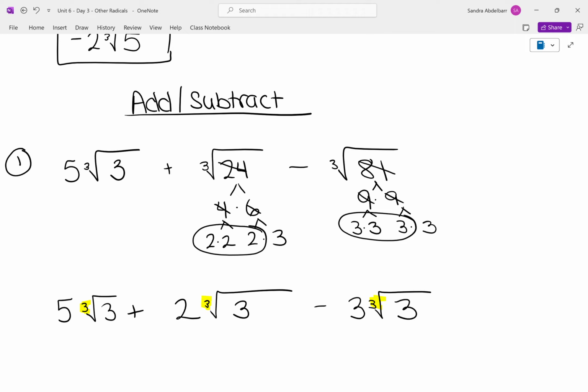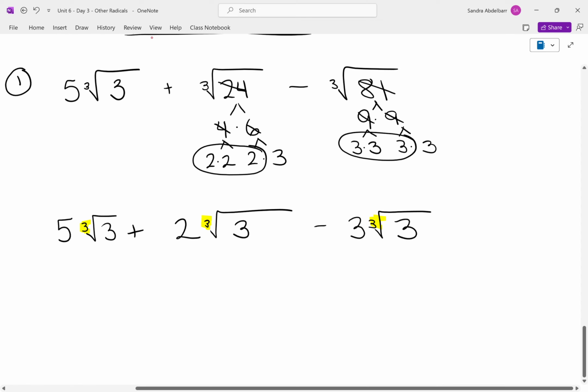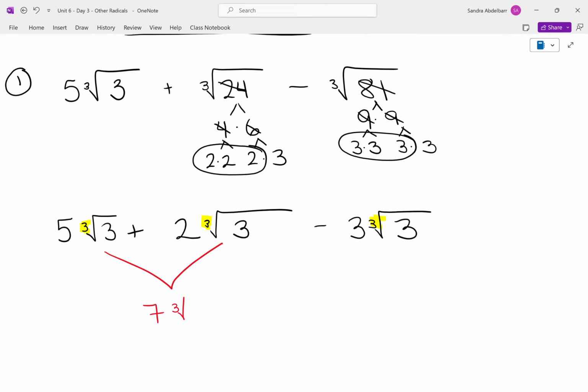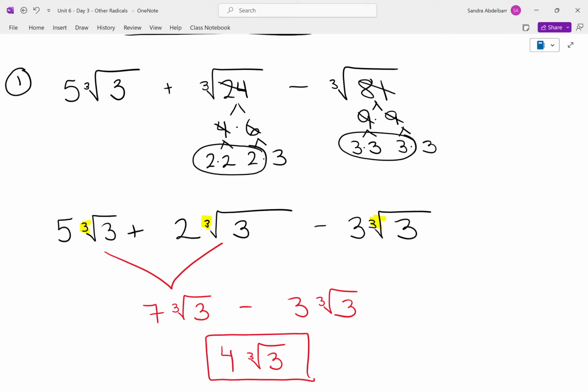Notice I didn't lose my index. I wrote it for all of these. Now that they have the same radicand, I can add them. 5 cubed root of 3 plus 2 cubed root of 3 is 7 cubed root of 3. Minus 3 cubed root of 3 gives us 4 cubed root of 3.